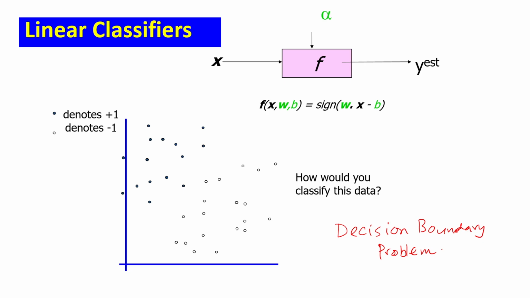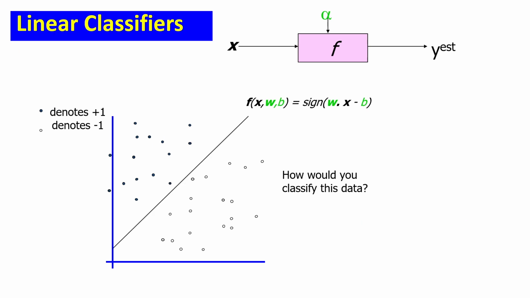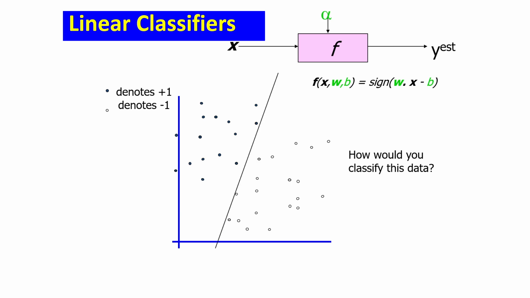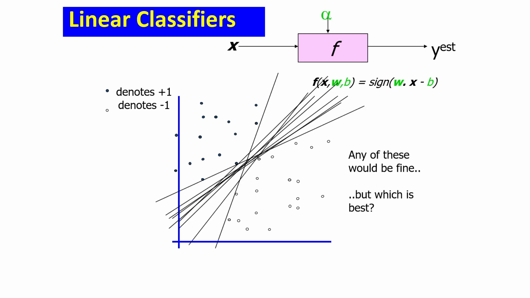Now, if I have to decide on a machine learning algorithm to separate them out, I can always think of drawing a very simple line, a boundary between these two. But if you think about this problem very carefully, you can draw many lines. This is another line, and you can draw many such lines between these two sets of data points.